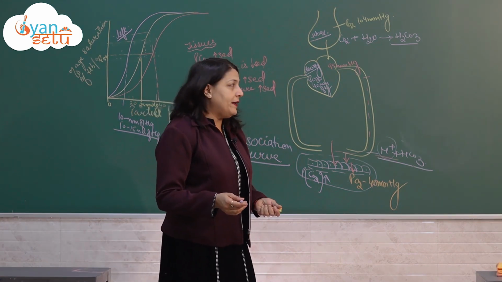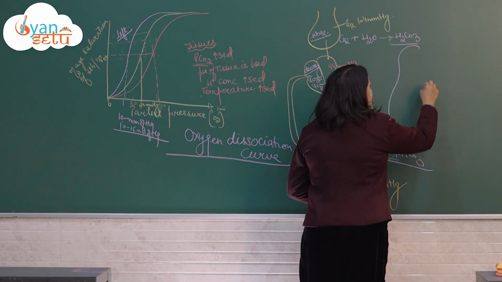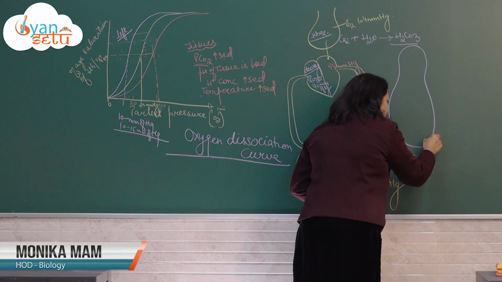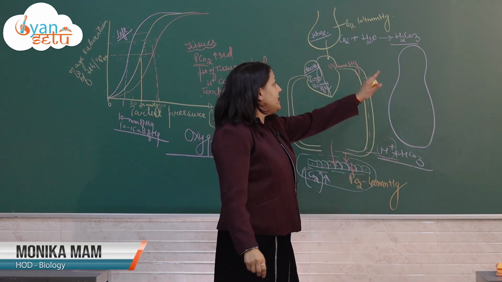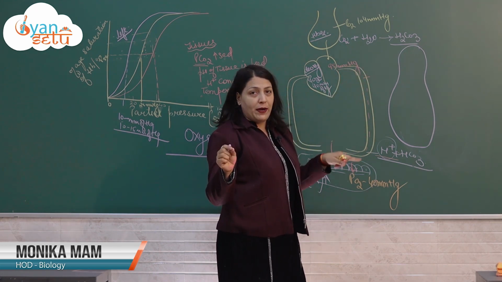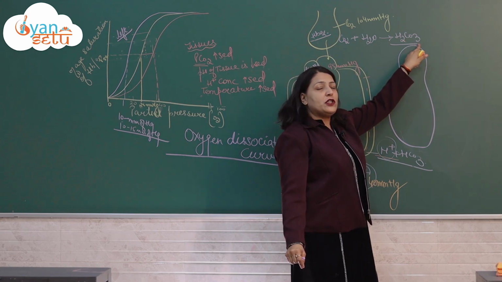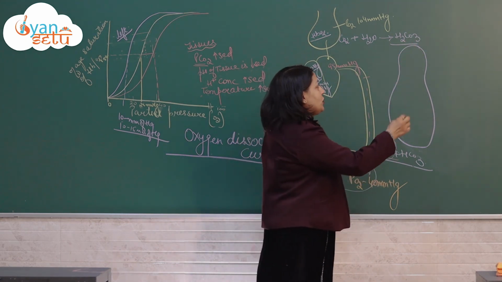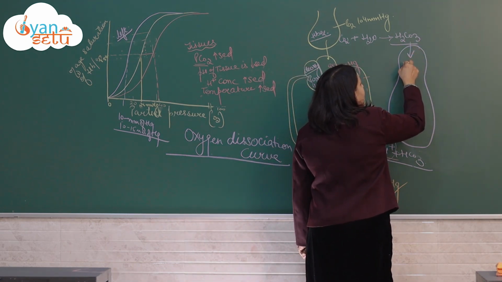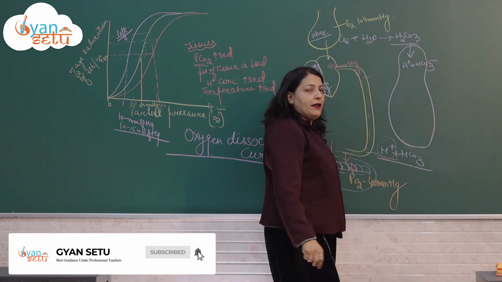How this happened? Bachche, in the RBC, you can easily see as the carbon dioxide enters the blood, it mixes with water and forms H2CO3. H2CO3 readily breaks into H ions and bicarbonate ions.